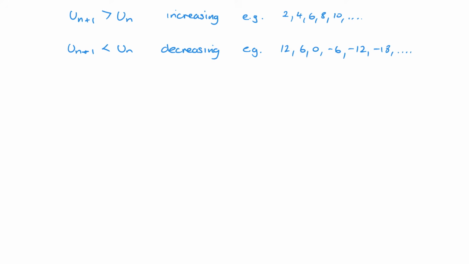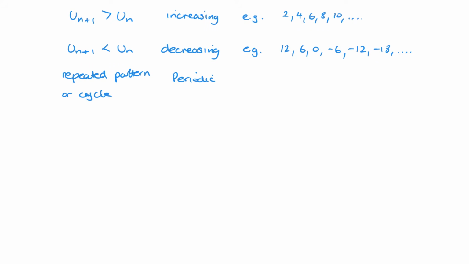Now, the third type is periodic. Periodic is when we get a type of cycle. So if you get some sort of repeated pattern or cycle, then it's going to be periodic.